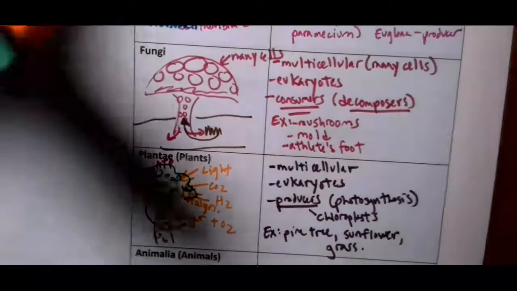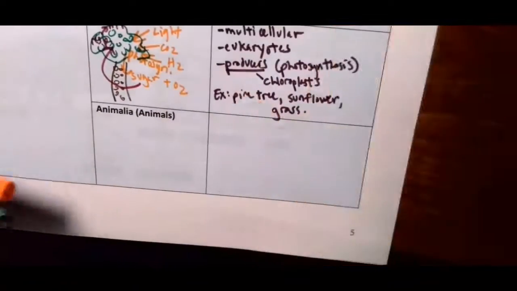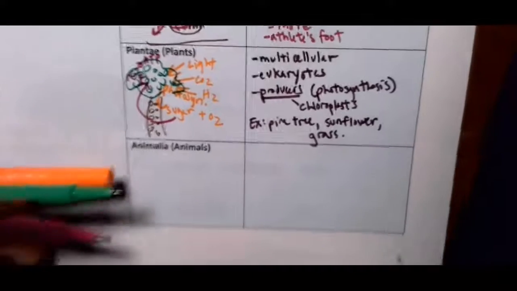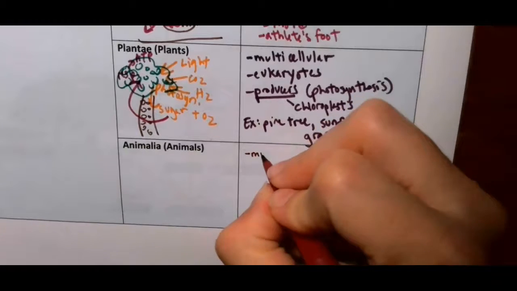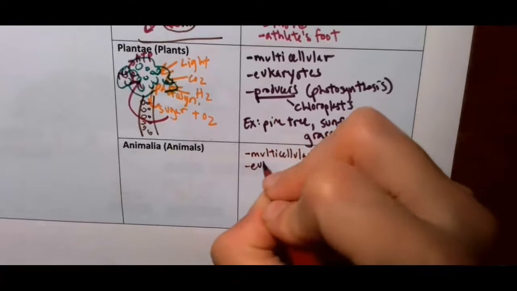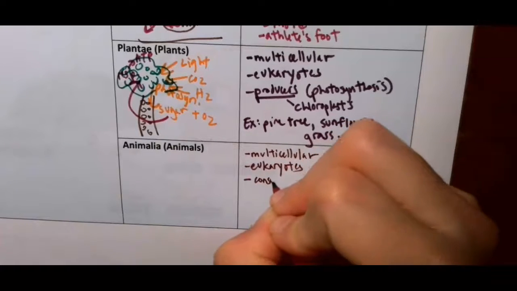The final kingdom on our list is the kingdom that we're most familiar with. The final kingdom on our list is the animal kingdom. Okay, and we know humans, we're part of the animal kingdom. Okay, so animals are multicellular. We're eukaryotes. We're consumers.